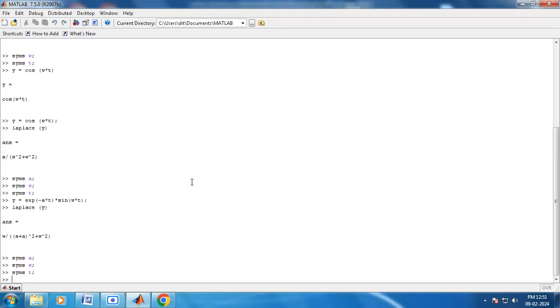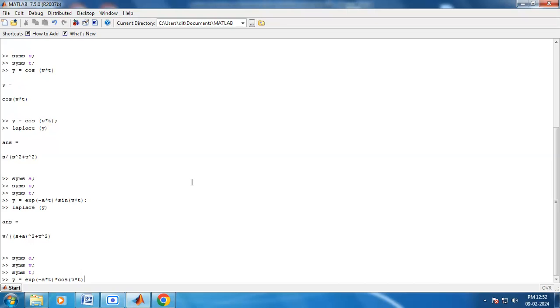Now the variable y equal to exponential of minus a into t multiplied with cos omega into t.